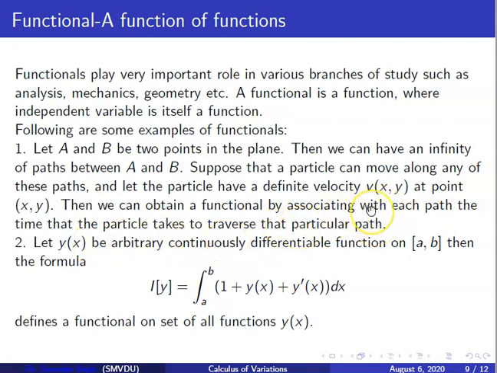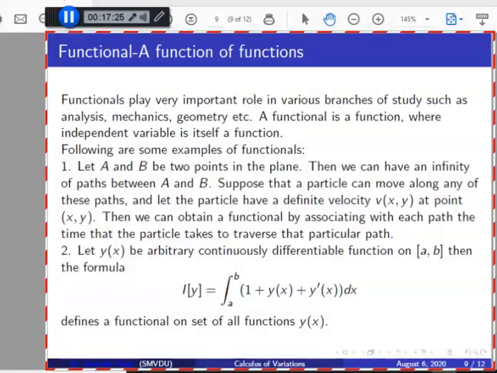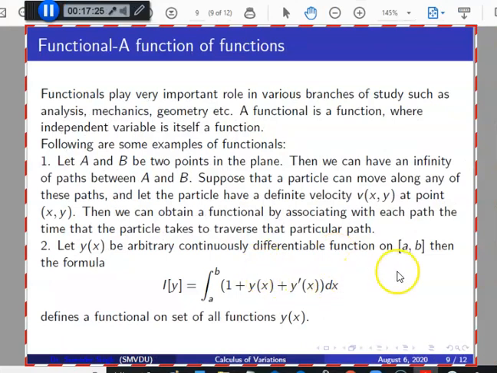In fact, this is a problem of determining the minimum time that the particular particle takes to travel. The situation is like this. Suppose we have one point A and another point B. If this particle in the plane with certain velocity travels to point B by this path, the path can be like this, path can be like this, path can be anything.